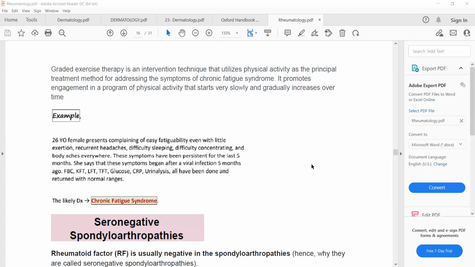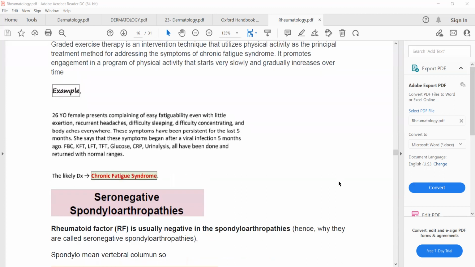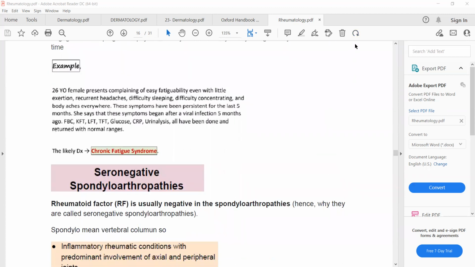Because in the exam, the questions will be random, you need to know these points to differentiate between somatization disorder and chronic fatigue syndrome. The main point is that in chronic fatigue syndrome, the main presenting complaint is exertional fatigue that starts usually after a viral infection. These are two main points on the basis of which you can differentiate between somatization disorder and chronic fatigue syndrome.